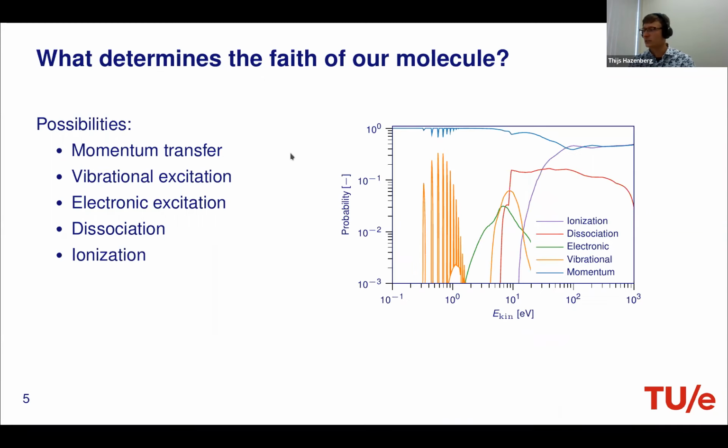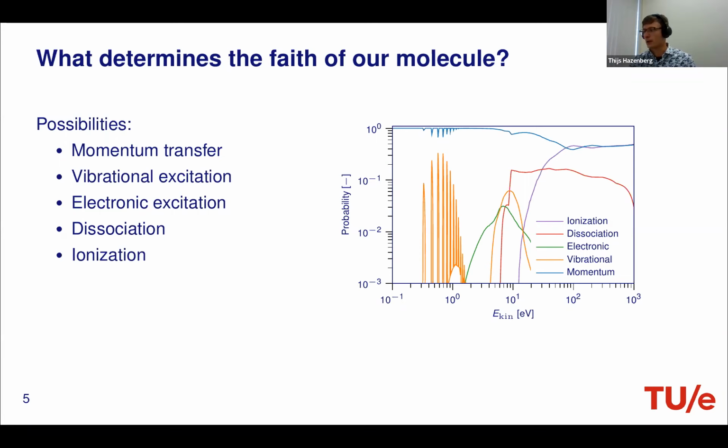If we look at this from the point of view of the kinetic energy of the electron, then we see that at very low energies, the chances that we have a momentum transfer, so the case where we bump into this molecule and it gets moved, is very high. If we go to slightly higher energies, we predominantly start vibrating molecules.